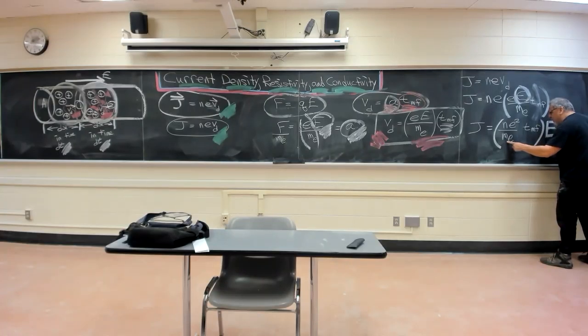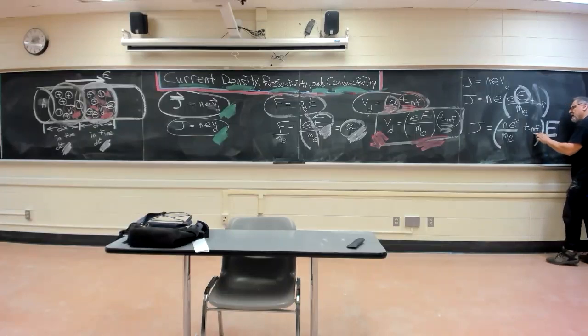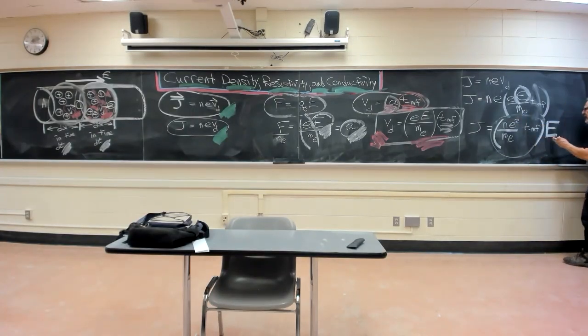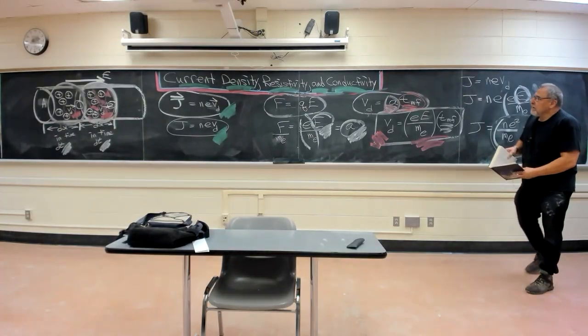The smaller the mass, the better off it's going to be. And more time between collisions will also play in your favor to make this a really big number. And if it's a big number and you're multiplying it by E, J is going to be relatively big for any given E.